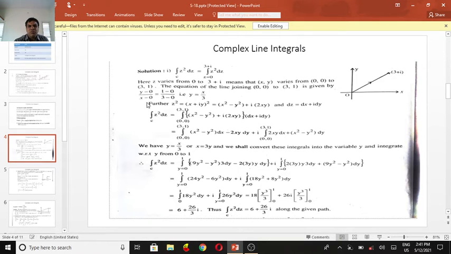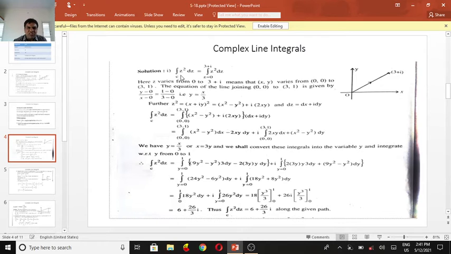Substituting, we get y minus 0 over x minus 0 is equal to 1 minus 0 over 3 minus 0. Simplifying, we get y equal to x by 3.